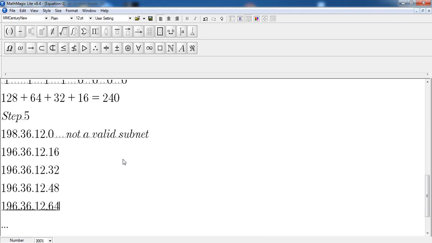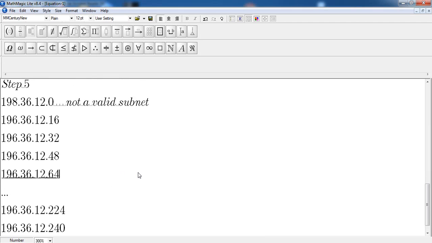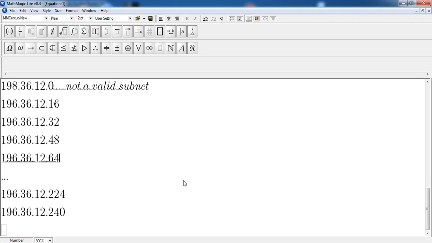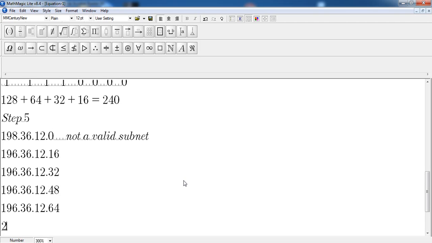Now the number of subnets possible is actually given, although we only need to fill up 12 subnets, we actually have more than 12 subnets that we could use. We use the formula 2 raised to n, n being the number of bits in the subnet ID, minus 2.